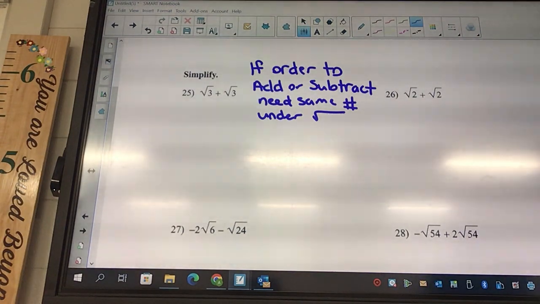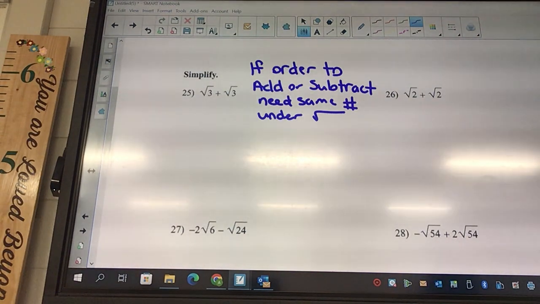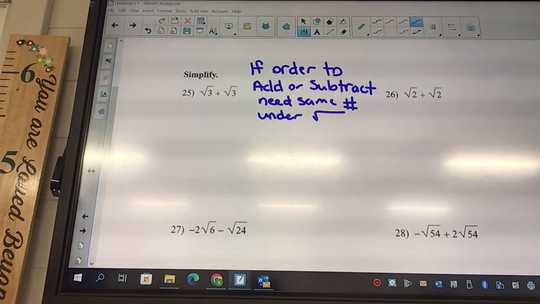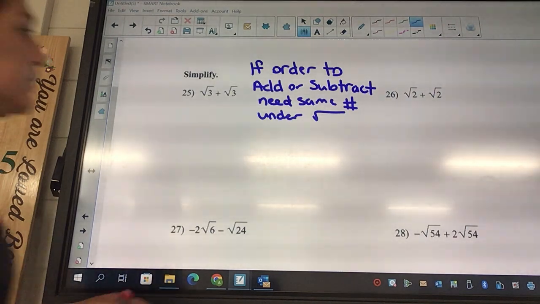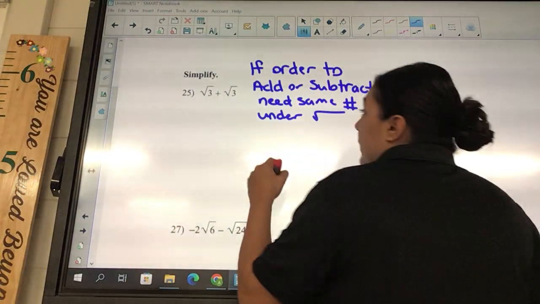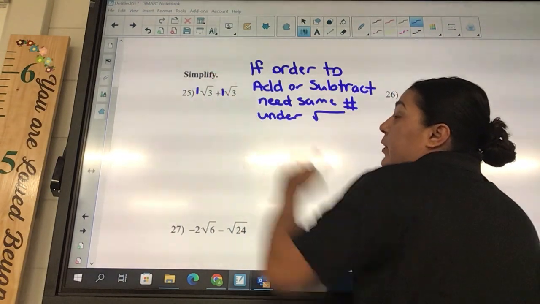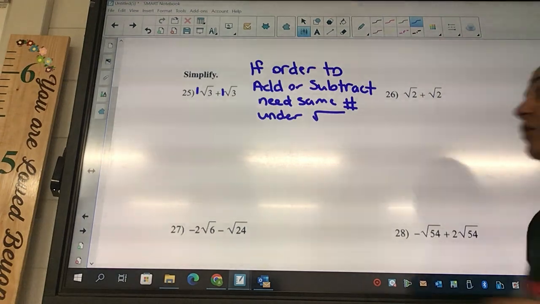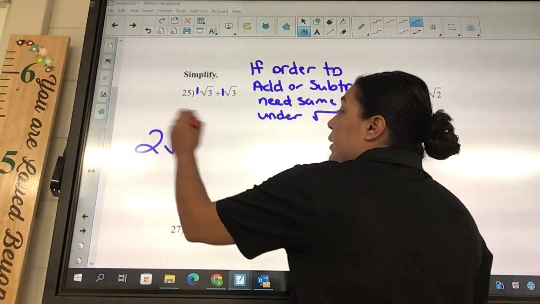If they don't, then simplify it first. If we look at 25, are they the same underneath both? Yeah, so then we can add the outsides together. Right here you've got a 1 and a 1 in front of those. So what is 1 plus 1? 2. So it's going to be 2 square root 3.